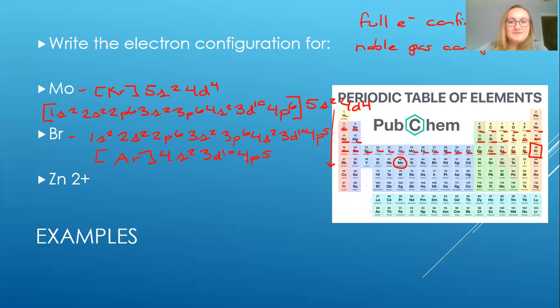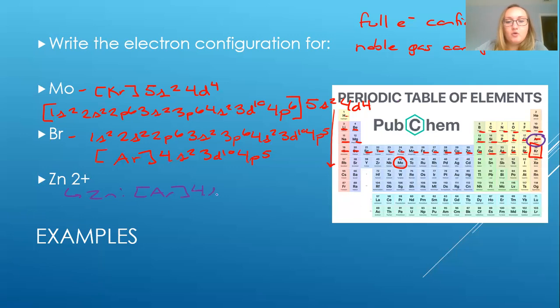All right. Let's do a cation, specifically a transition metal cation. We always start by writing our atom. So here's zinc. I'm not writing this stuff out. Argon is the nearest, or the previous noble gas.